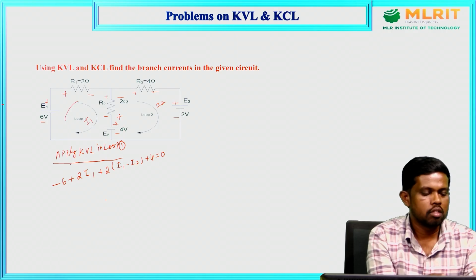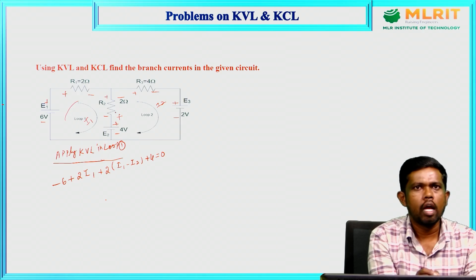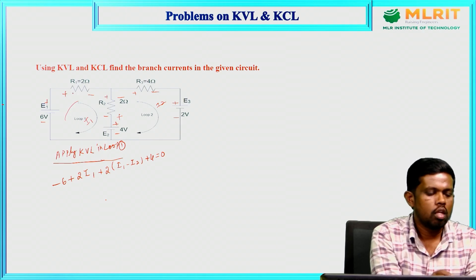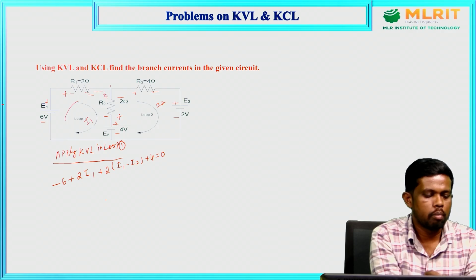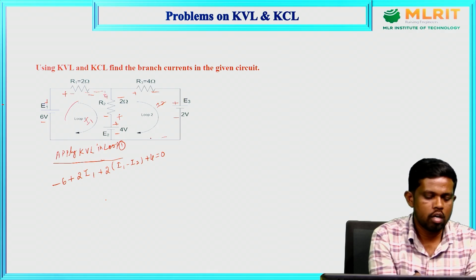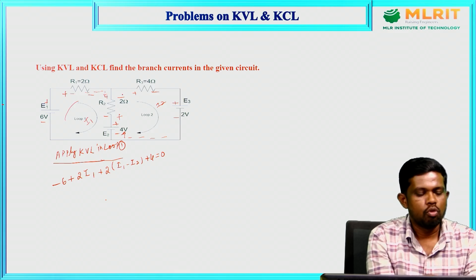So it's minus 6. The voltage across this element is 2 times I1, and the voltage across this element is 2 times (I1 minus I2). Why? Because the loop 1 current enters this branch from top to bottom, and the loop 2 current enters the same branch from bottom to top. That's why the overall current through the 2 ohm resistor is the difference of those two currents.